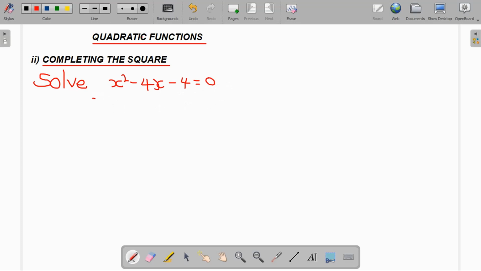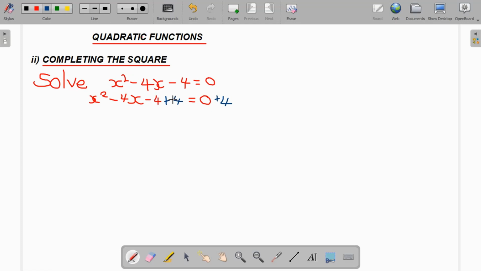So in writing we can say x square minus 4x minus 4, and here we are going to add 4, and to the other side we add 4 as well. The reason why we add 4 is because we have to get rid of this negative 4.